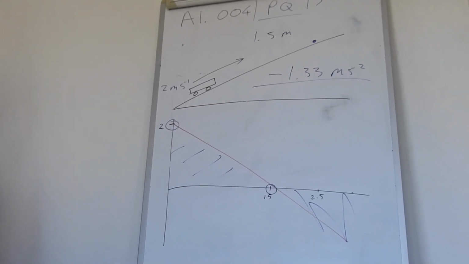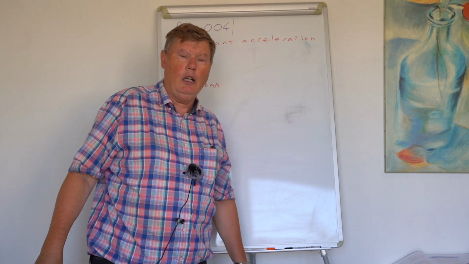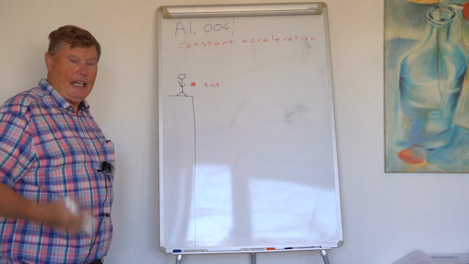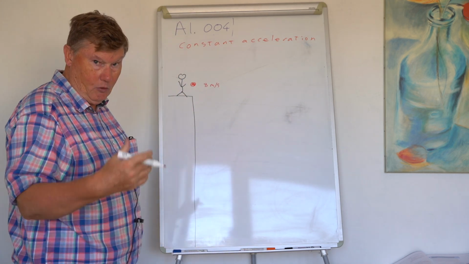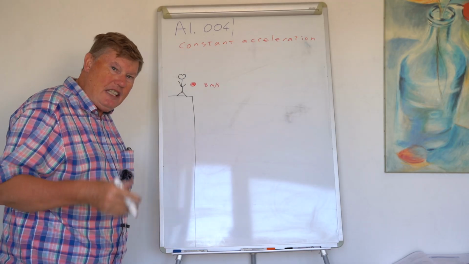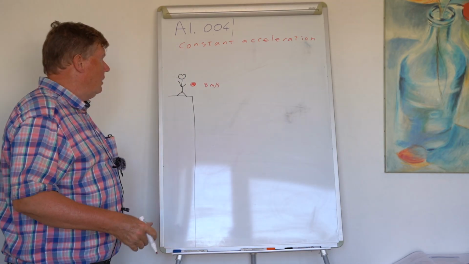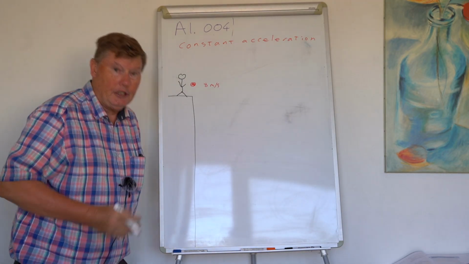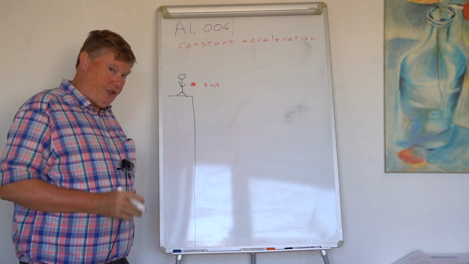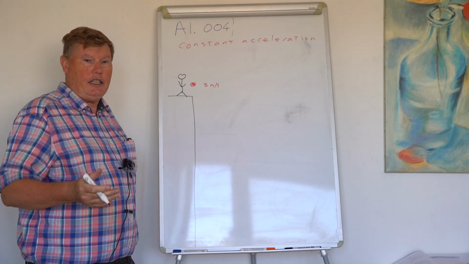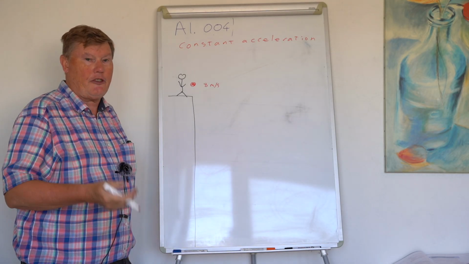Okay, so I want to finish off video number 4 by looking again at constant acceleration in one dimension and what it means in real terms. Now, the most common constant acceleration in all physics questions is that you'll find with projectiles and things being thrown in the air.